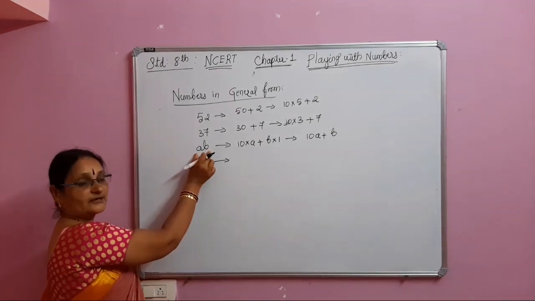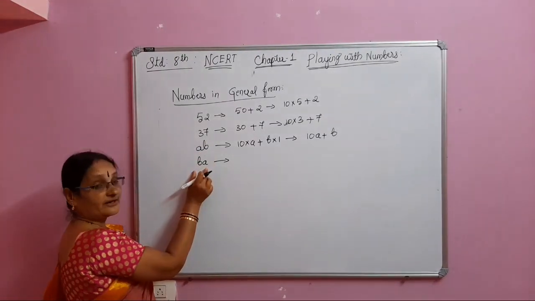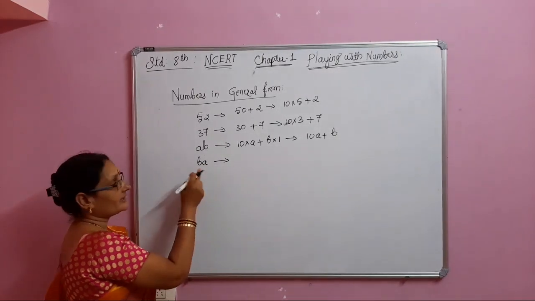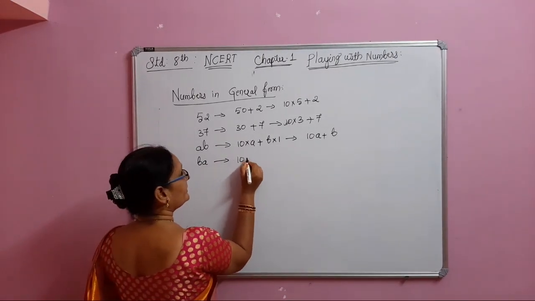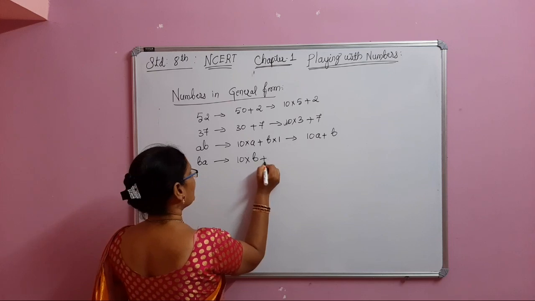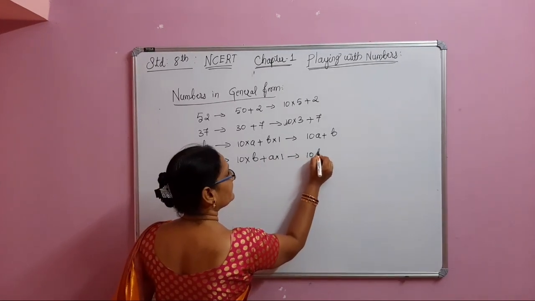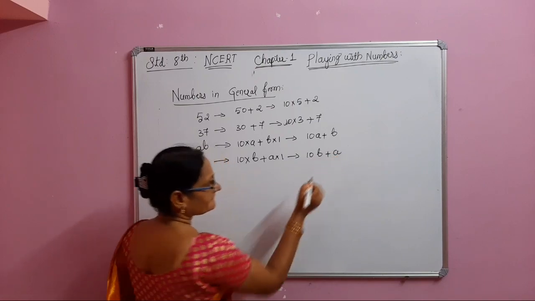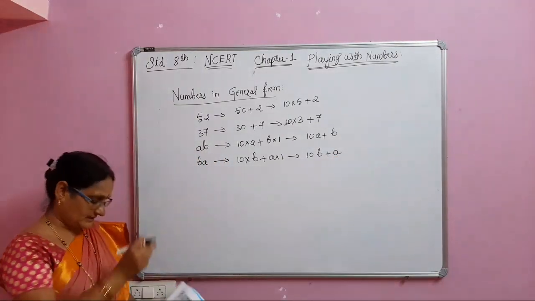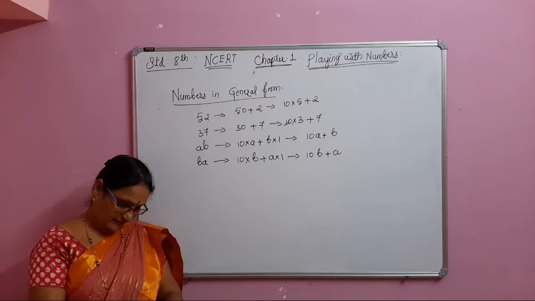In the same way, if I reverse the general form AB, it becomes BA. Now BA means 10 into B plus A into 1, which is nothing but 10B plus A. This is a 2-digit number and its reverse.